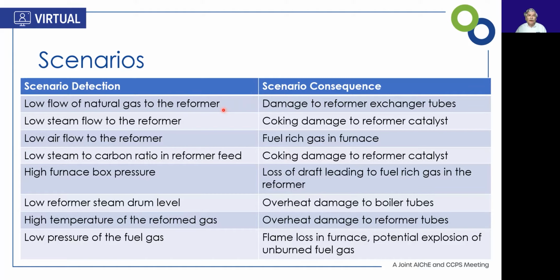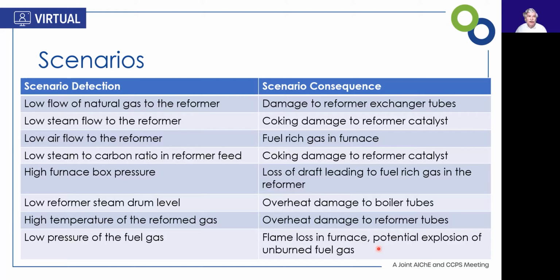We see low flow of natural gas, damage to the reformer exchanger tubes; low steam flow to the reformer, coking damage to the reformer catalyst; low airflow to the reformer, fuel-rich gas in the furnace, possible explosions; low steam to carbon ratio in the reformer feed, coking damage to the catalyst; high furnace box temperature or high furnace box pressure, loss of draft leading to fuel-rich gas in the reformer; low reformer steam drum level, overheat damage to reformer tubes; high temperature of the reformed gas, overheat damage to the reformer tubes; and finally, low pressure of the fuel gas, flame loss in the furnace, potential explosion of unburned fuel gas.